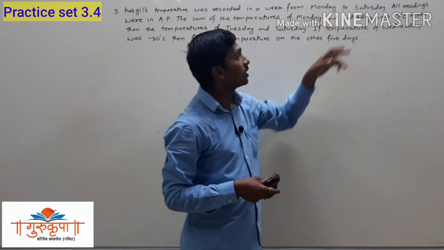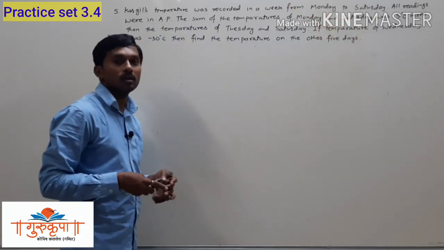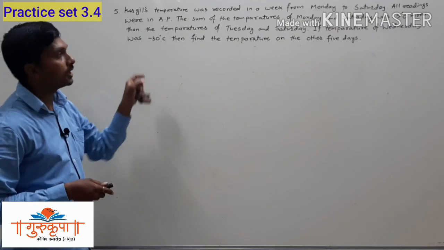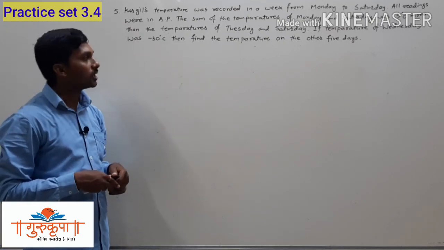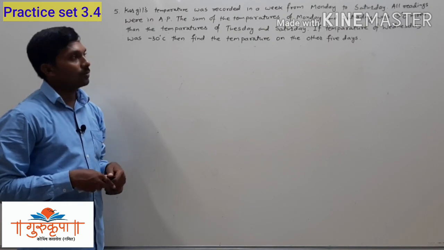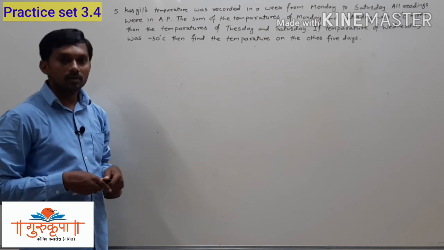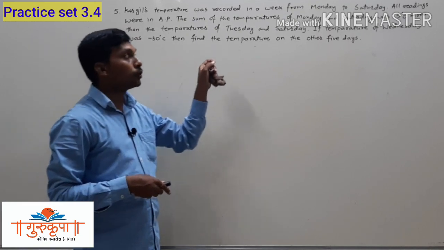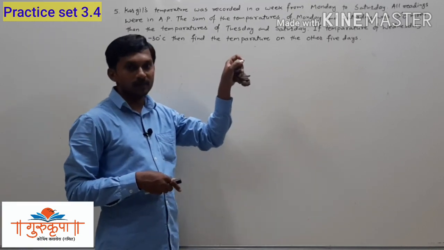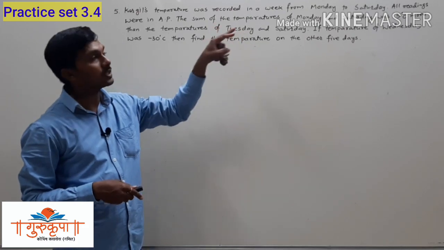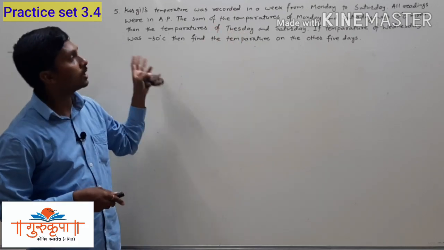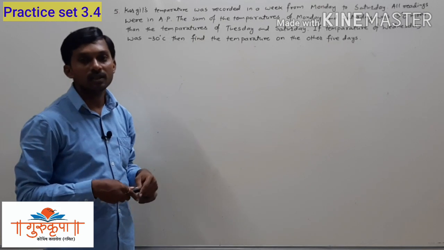From Monday to Saturday we have 6 days in all. Now here we have a possibility to fumble that. Here we have given the example about the temperature of the 6 days, and all the temperatures are in AP.